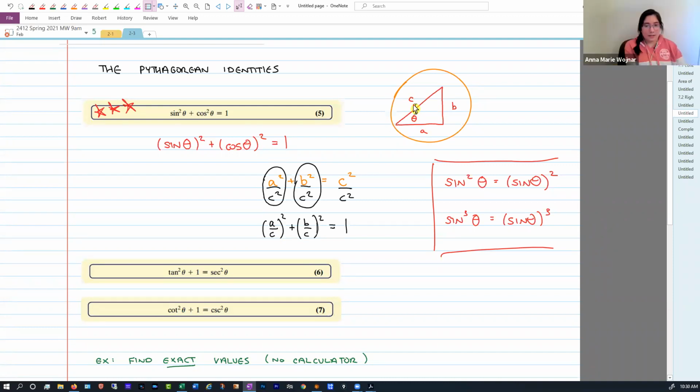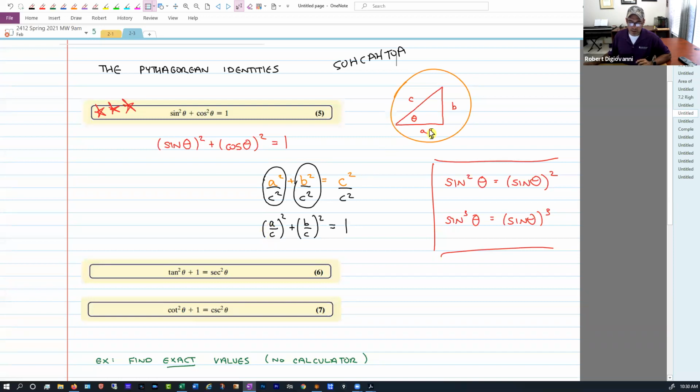Sine. Careful. SOHCAHTOA. It's cosine. So a divided by c is the adjacent over the hypotenuse, which is cosine. So this is cosine of the angle squared plus, now this one, b over c, opposite over hypotenuse, which is sine. So this is sine of theta squared equals 1.